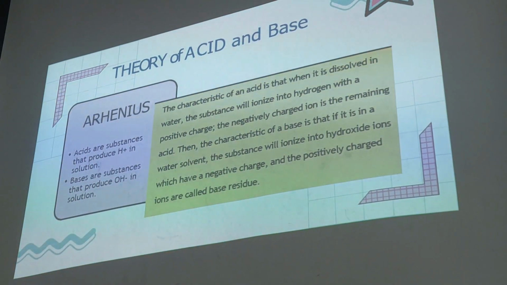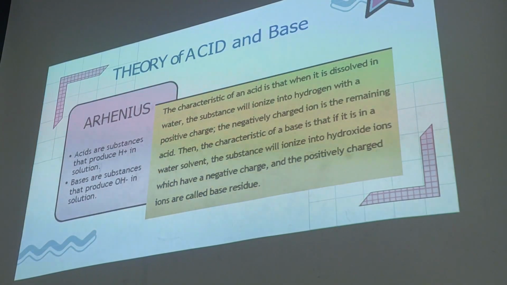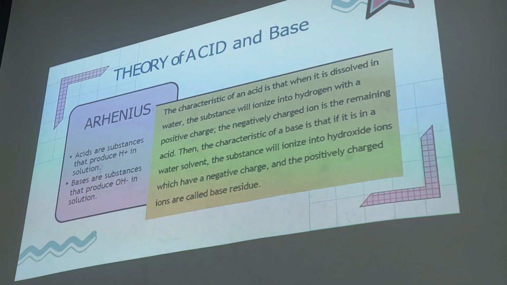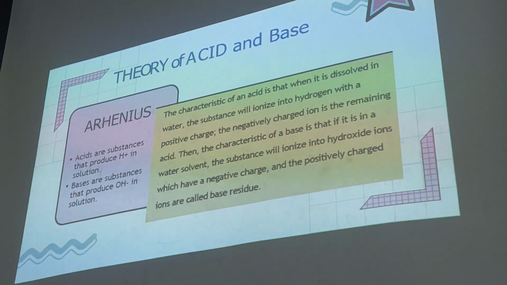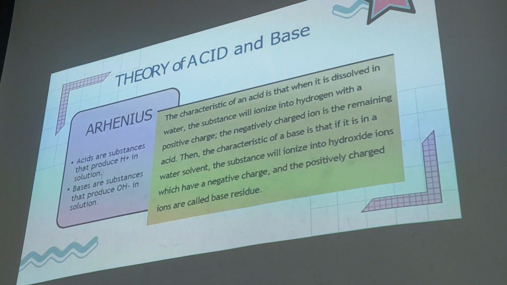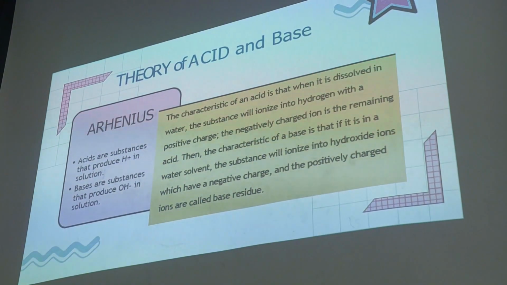Okay, then the characteristic of a base is that if it is in a water solvent, the substance will ionize into hydroxide ions which have a negative charge. The positively charged ion is called the base residue.